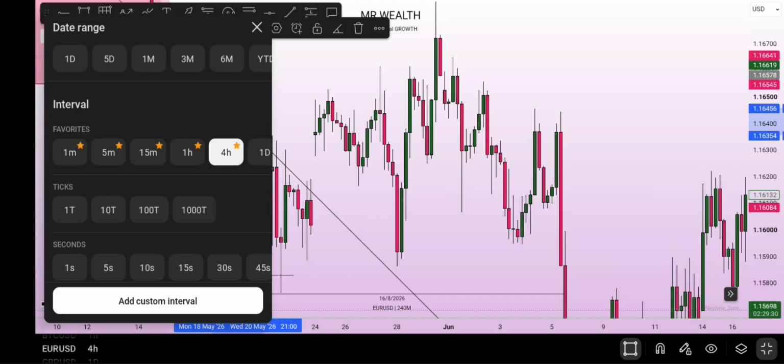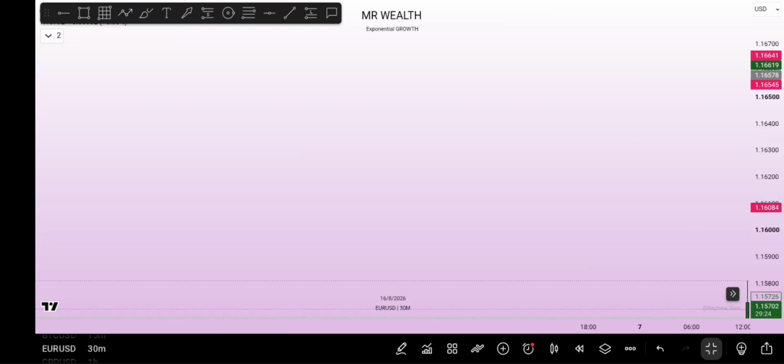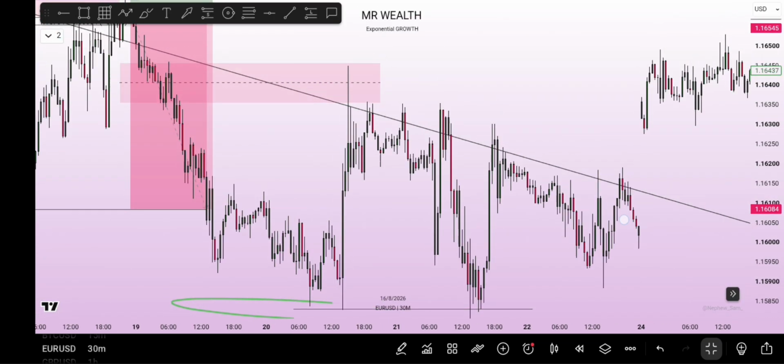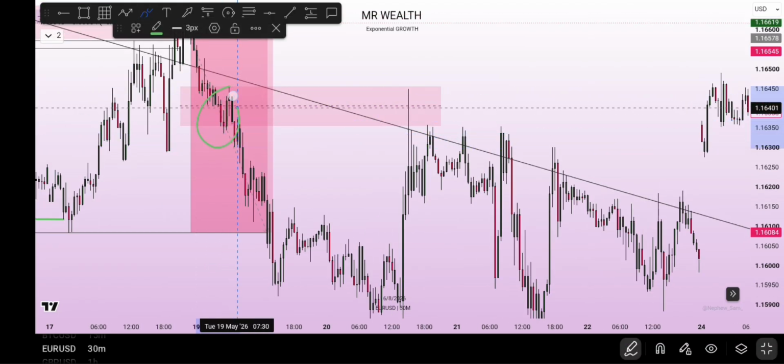So let's go down to the 30 minutes. You can see in the 30 minutes time frame that the hidden block in the 4 hours is a POI inside the 30 minutes.